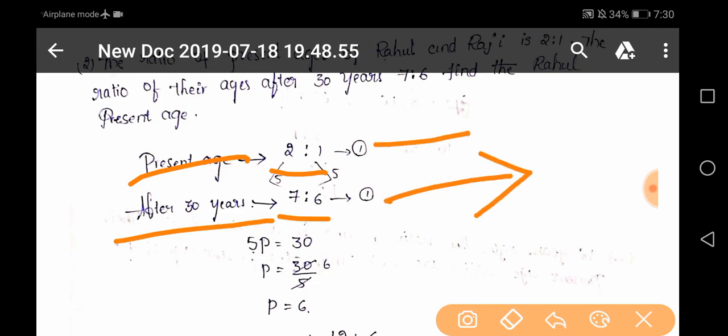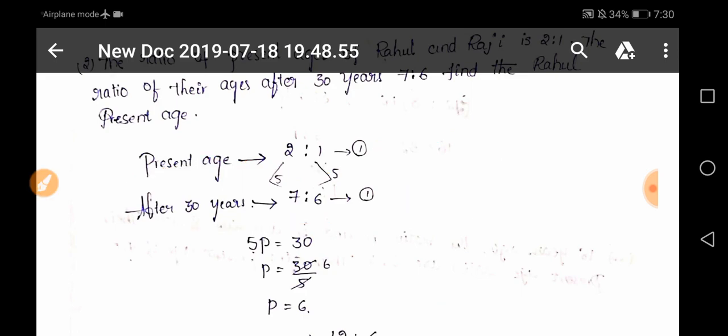When the difference is not the same, you have to crisscross multiply and then solve. Here the difference is the same, so how do we do problems like this with a shortcut method?